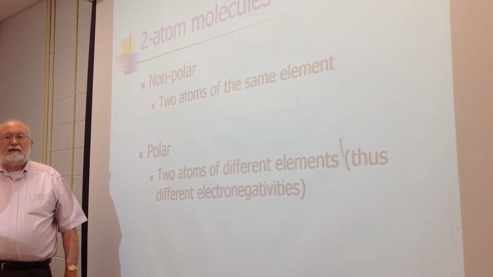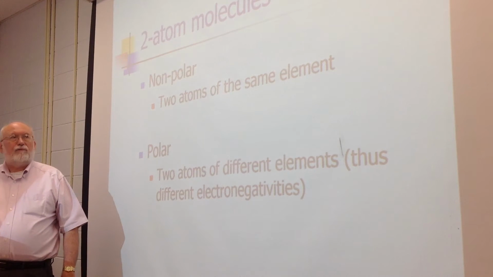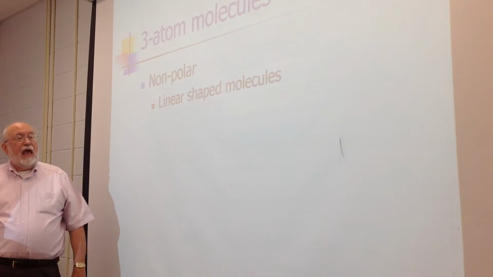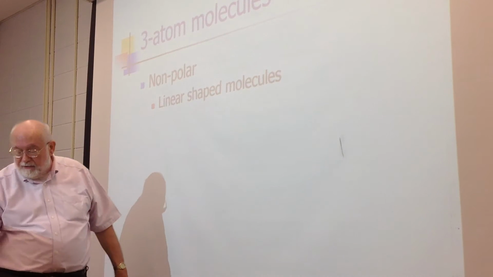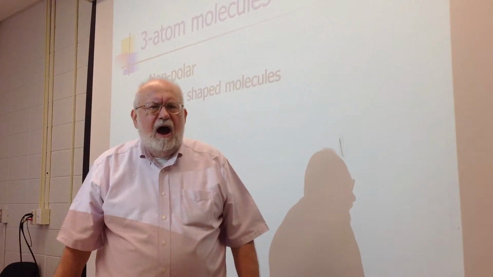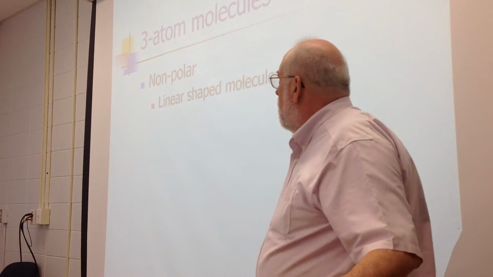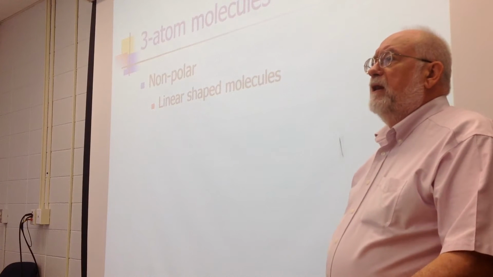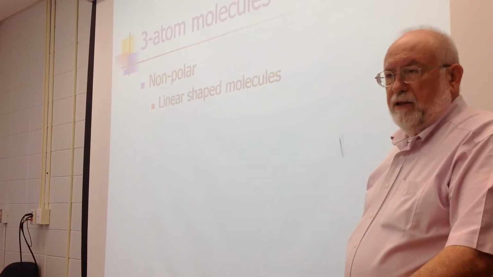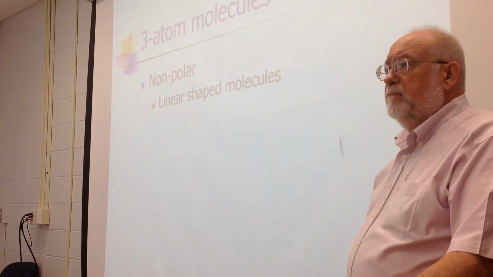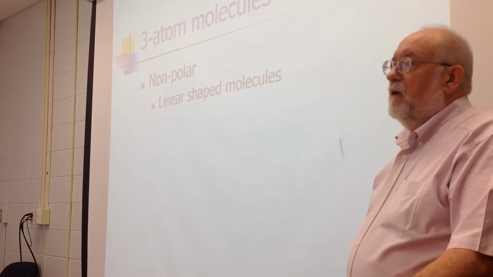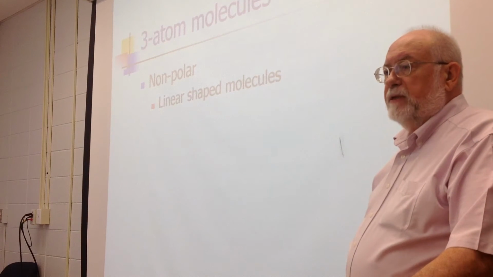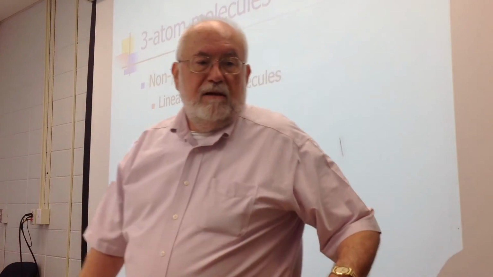All right, so let's kick it up a notch and let's get to three atom molecules. And here we have a couple of differences. We're looking at a nonpolar sort of molecule if we end up with a linear-shaped molecule. So we're thinking here of three atoms, two different elements, and a linear shape. It's going to work out to be nonpolar.